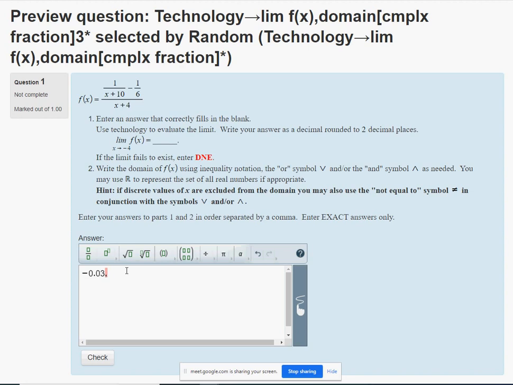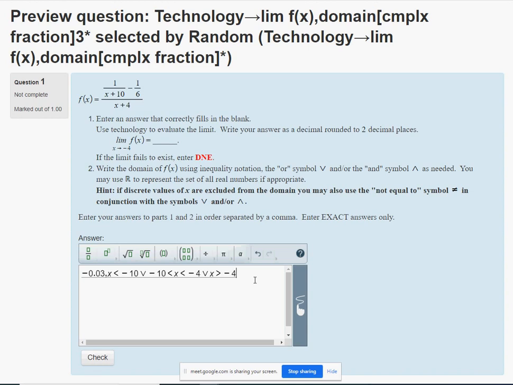So then we should have been able to say something like x is less than negative 10, or, right, that'd be an or statement, or x is greater than negative 10 and less than negative 4, or x is greater than negative 4.